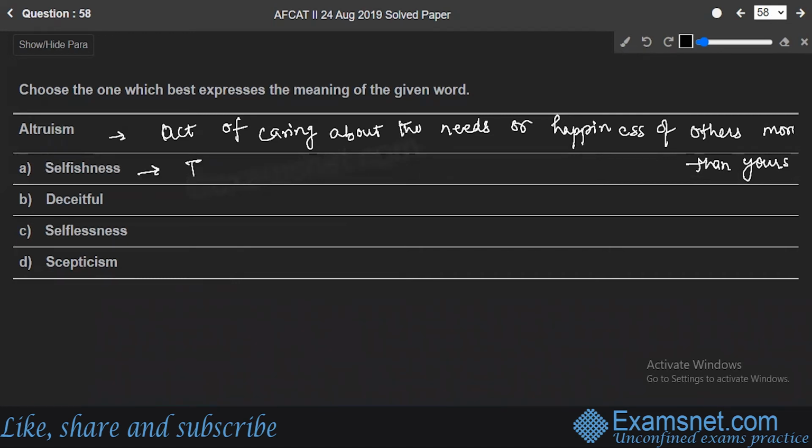And what do you mean by selfishness? It means when you're just thinking only about yourself.